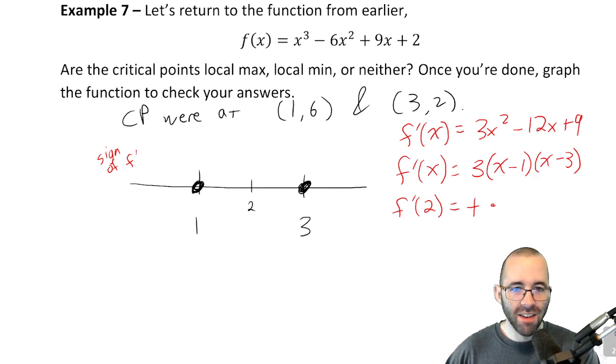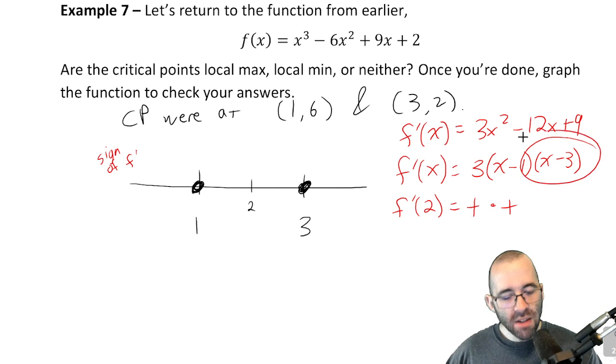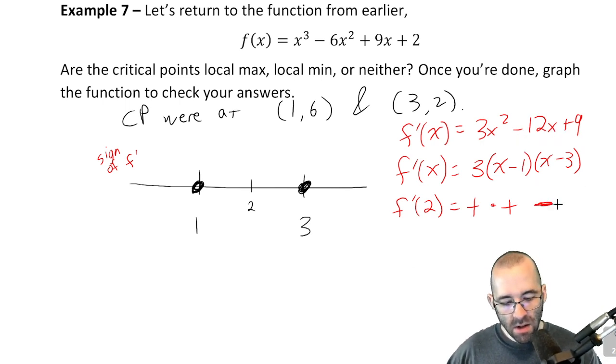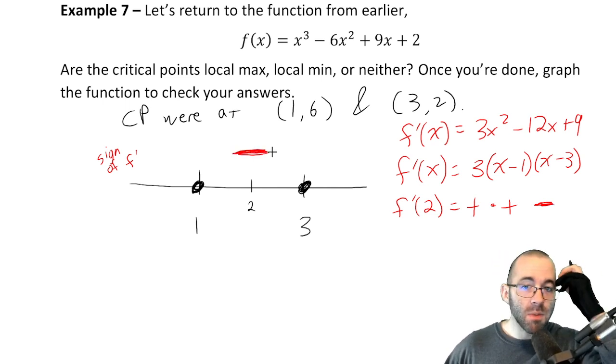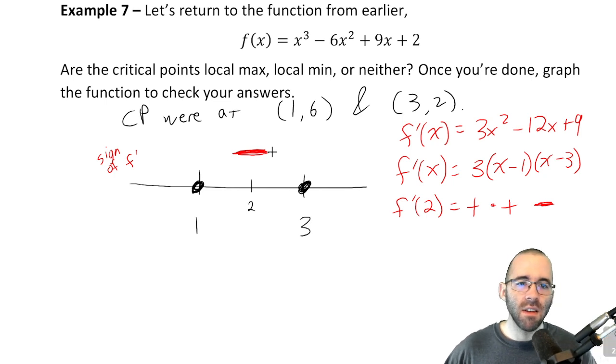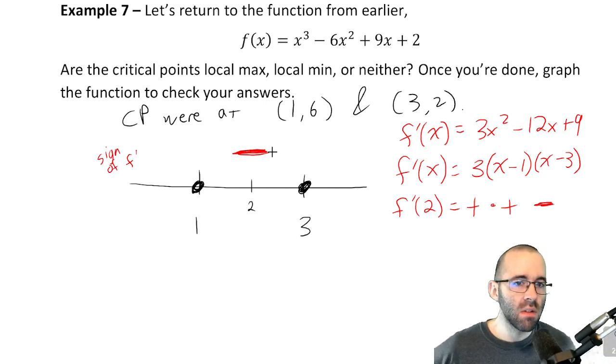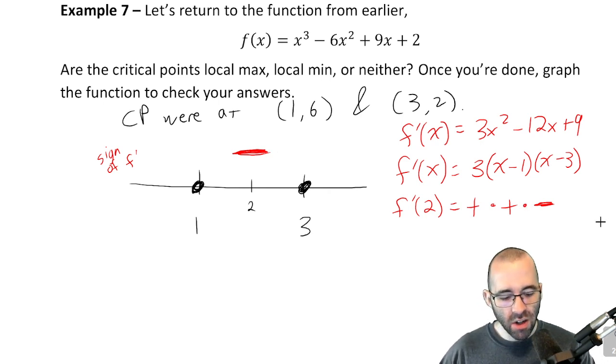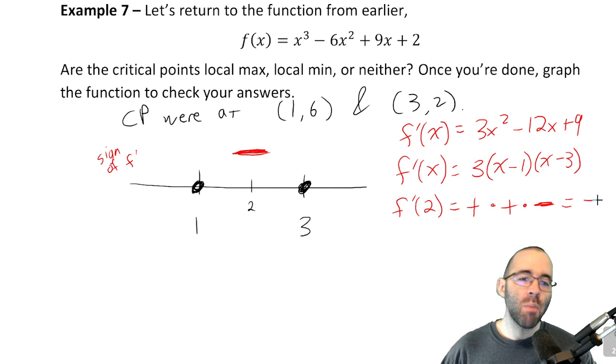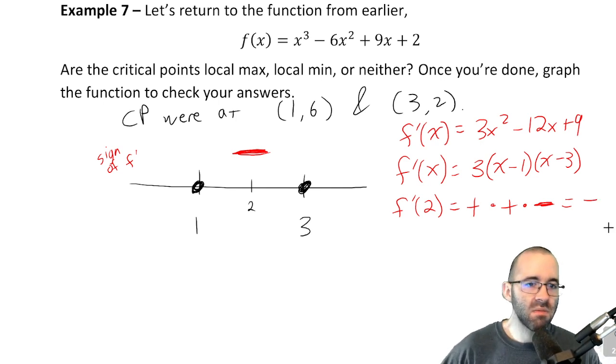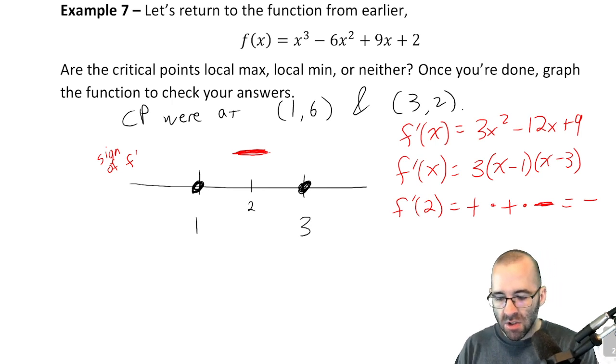This is positive 1. And if we plug in 2, this becomes negative. That tells us that the derivative is negative at this point. Again, you could actually plug in 2 and get the value itself, or you could just look at the factors and say, okay, positive times a negative is a negative number. We just care about the sign anyway. That tells us the function is decreasing on this interval.